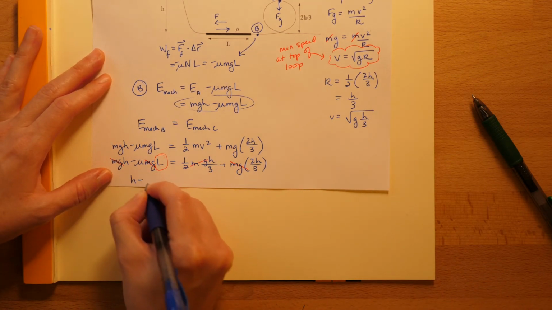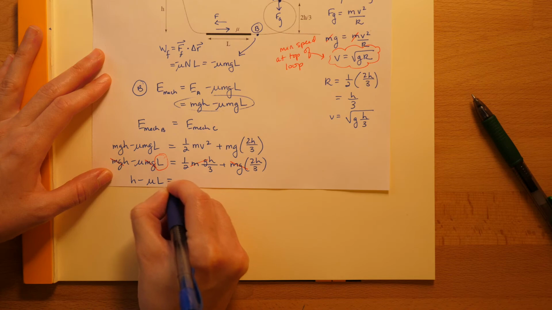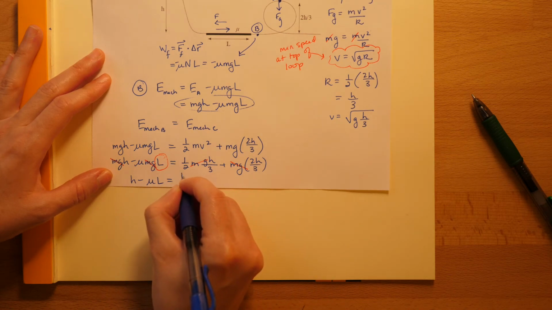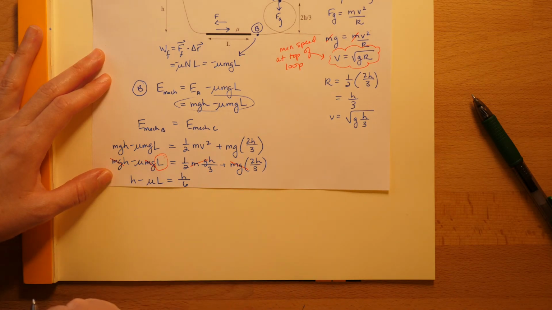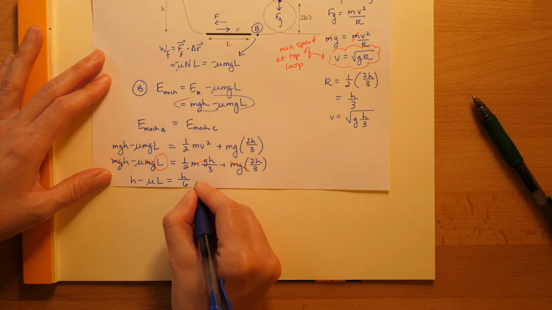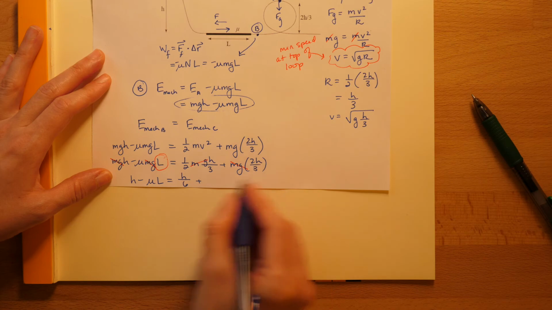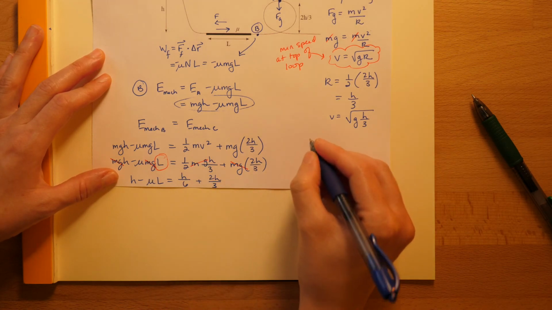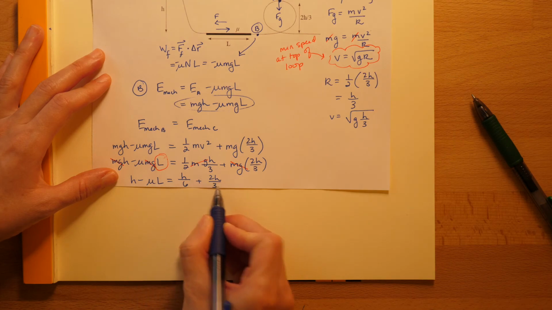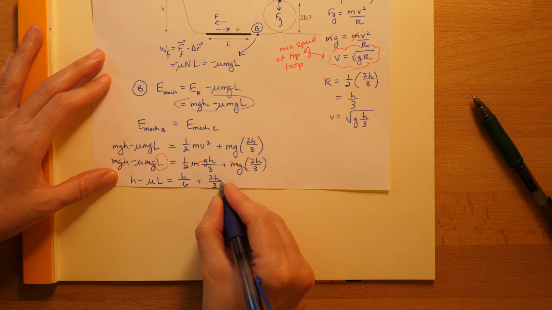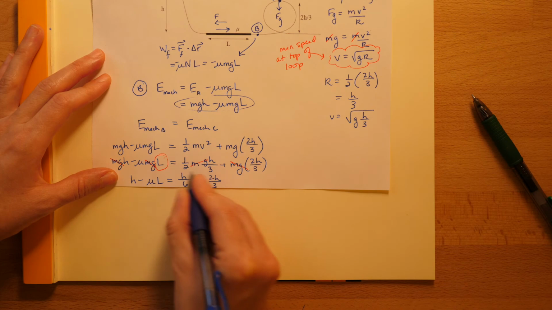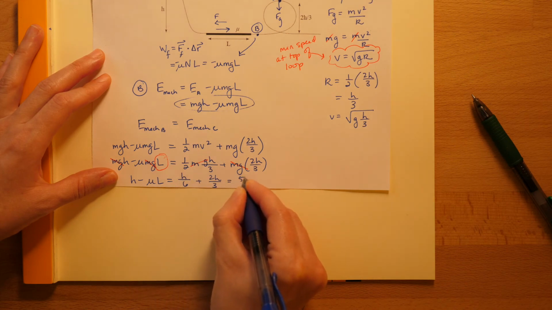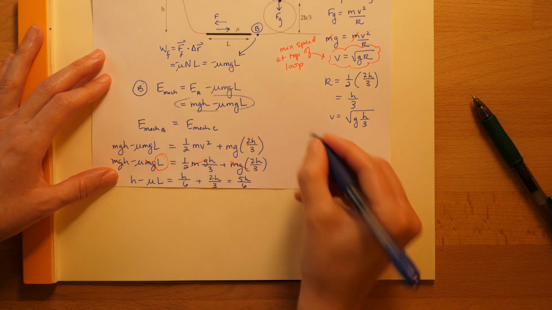So h minus mu L is h over 6 plus 2h over 3. 2h over 3 is 4h over 6, so this whole side is 5h over 6.